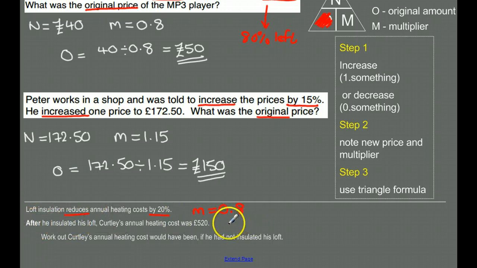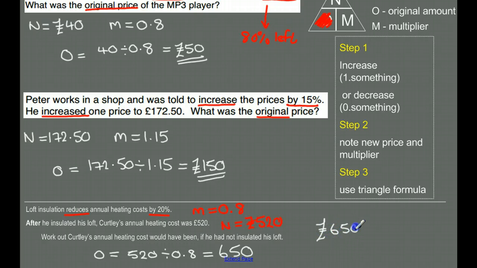After he insulated his loft, so there we've got our new price of 520. Work out the annual heating cost if it's not been insulated, so that represents our original that we're trying to find. 520 divided by 0.8 gives us 650.